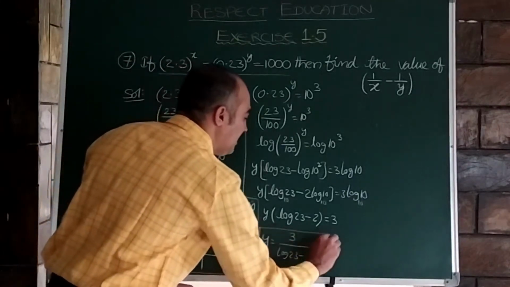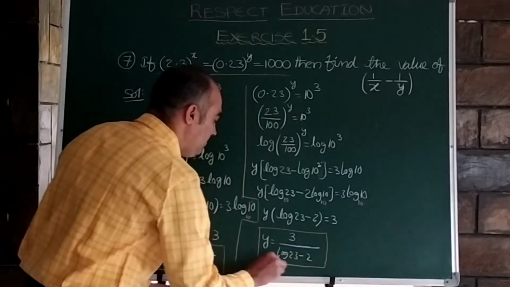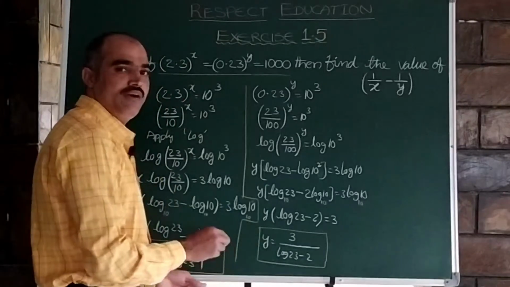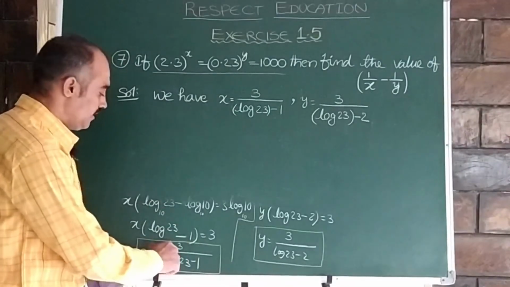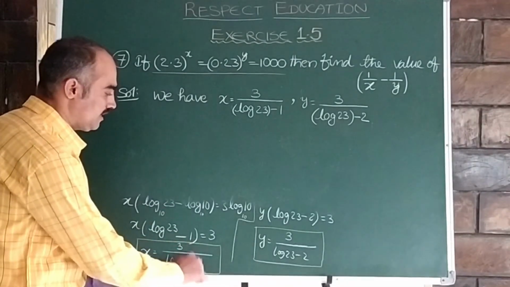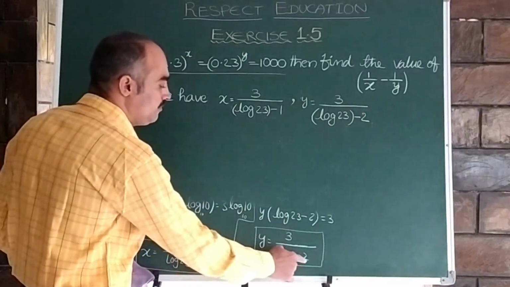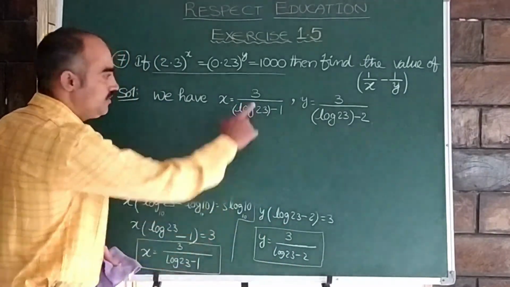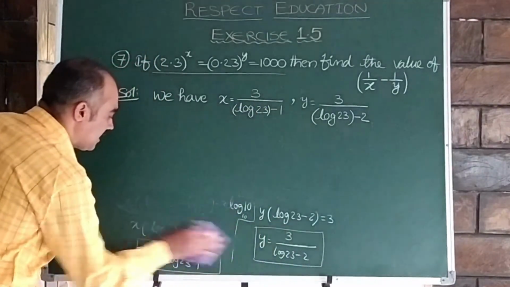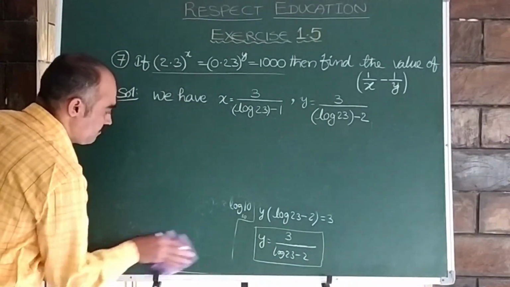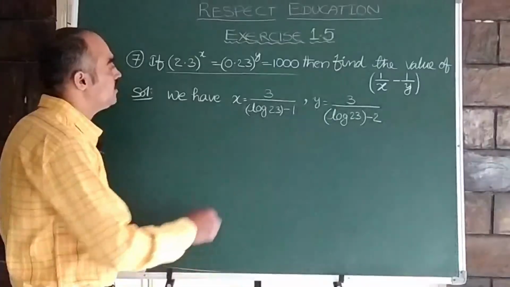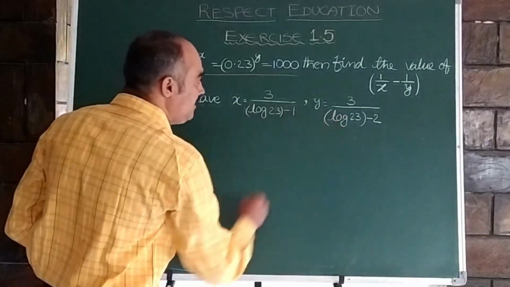So here we found the values of x and y. We got x equal to 3 by log 23 minus 1, y equal to 3 by log 23 minus 2. I am writing the same values here so that we can use these values. So here we have written x and y.